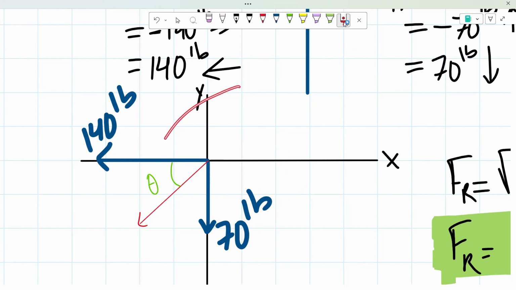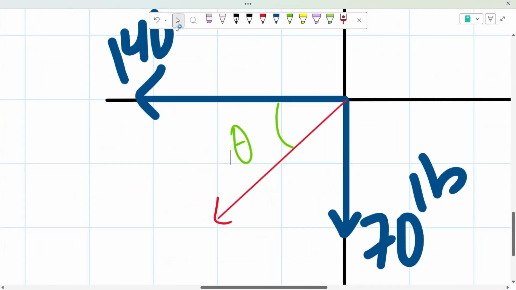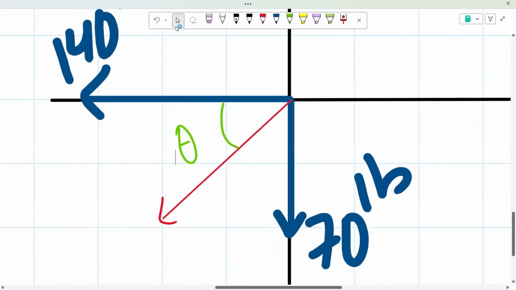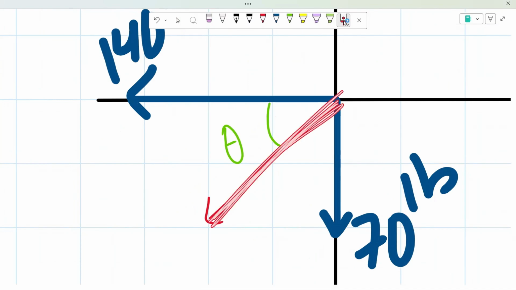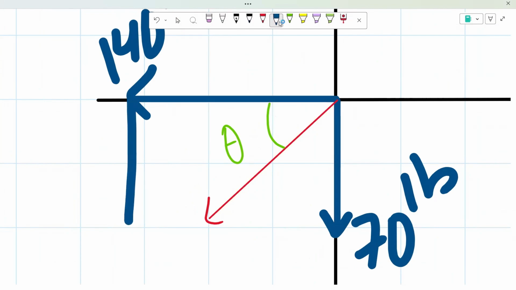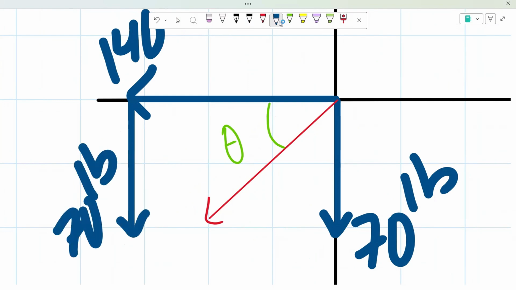So to find the angle for this right here, we know that this is the angle that we're dealing with. We know the total force right here, the force right here. And if we were to make this into a triangle, we know that this side of the triangle is 70 pounds because we know that these two sides are the same, right?